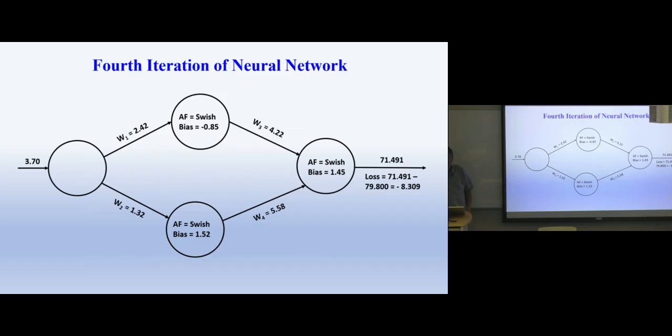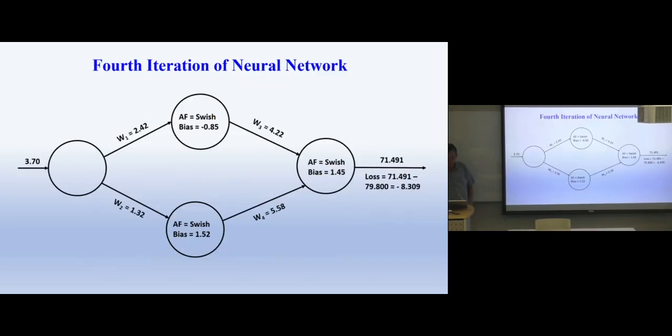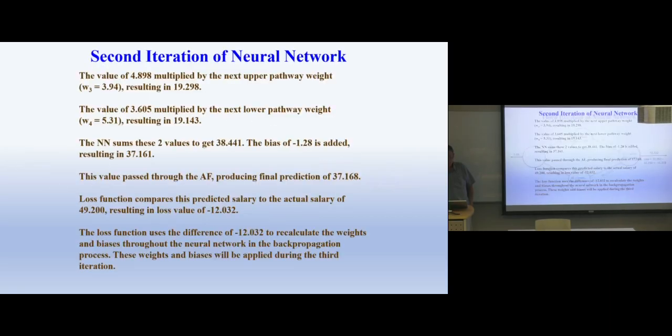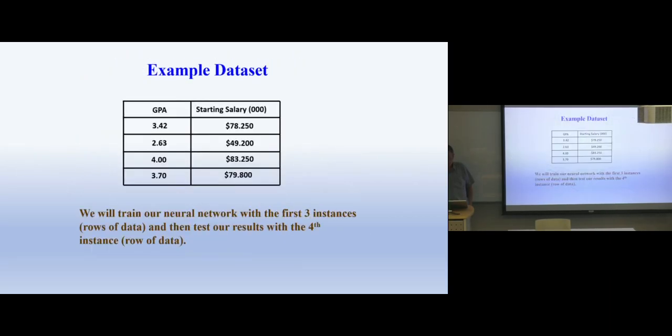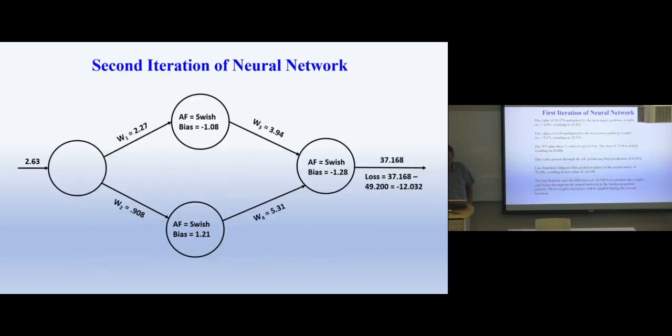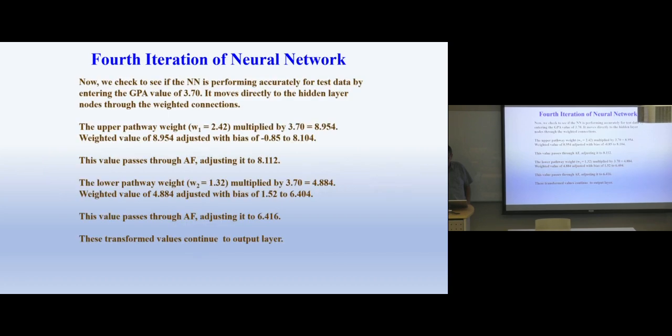All right, now, this is the fourth iteration. That's your test. Okay, because remember, we're going to use the first three for training, and then the test was a 3.70. So I've got, not too disastrous. So I'm checking to see if it's accurate. So I do all this, and I say, okay, great.